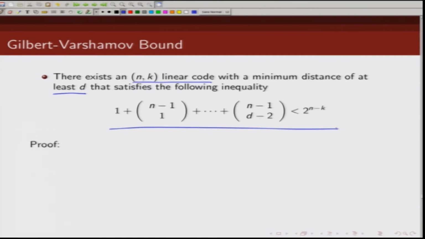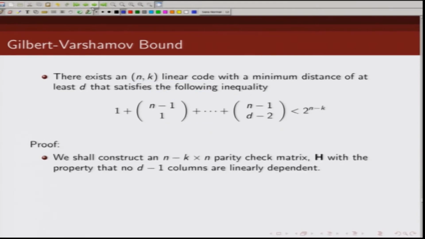It says 1 plus (n-1)C1 plus (n-1)C2 plus up to (n-1)C(d-2) should be less than 2^(n-k). So, let us prove this result.